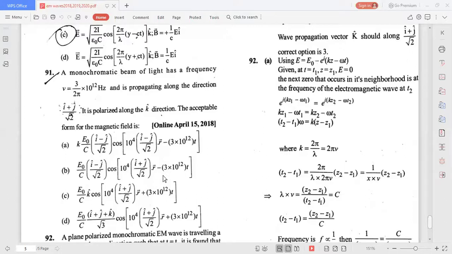It is polarized along k cap. The acceptable form of the magnetic field is dash.